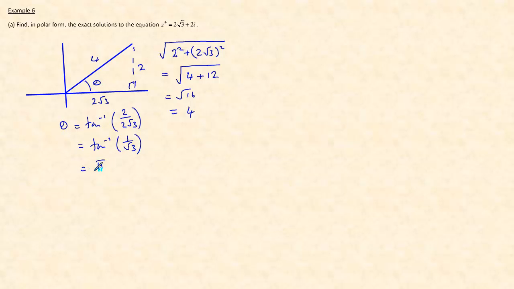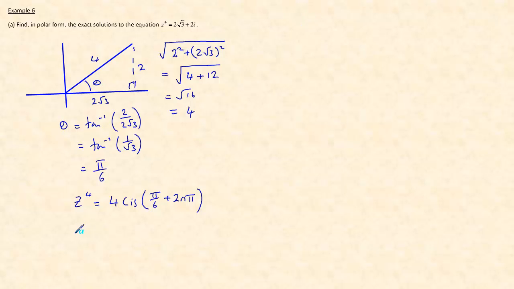So that's pi by 6 radians. So we have z to the 4 is equal to 4 cis pi by 6 plus 2n pi.